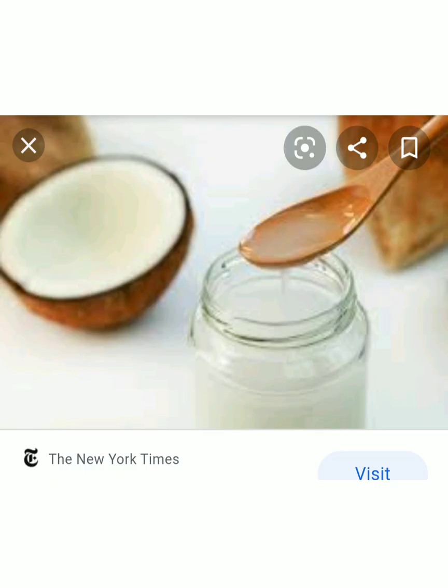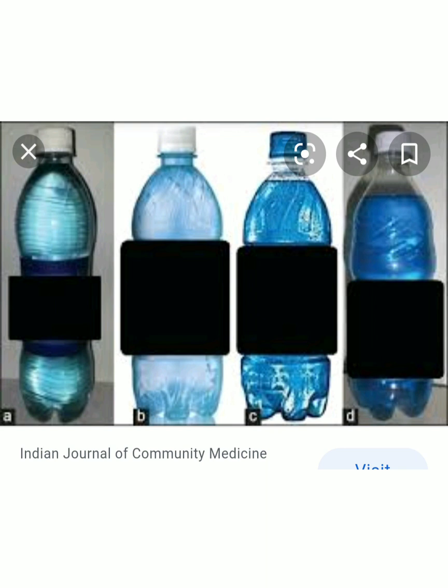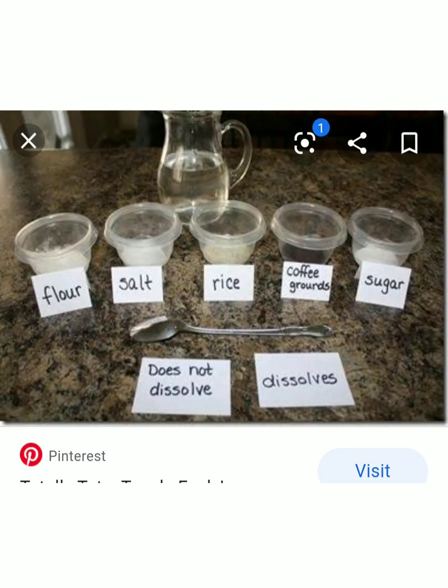We have to test which solvent dissolves more substances. So we take a number of solutes such as sugar, salt, copper sulfate, jaggery, sugar candy and potassium permanganate. You have to dissolve every solute in each of the 3 solvents. Then note down your observations. Continue the experiment with other materials too. Okay.